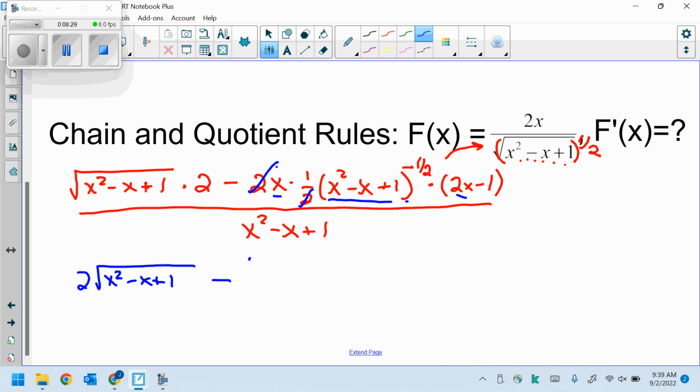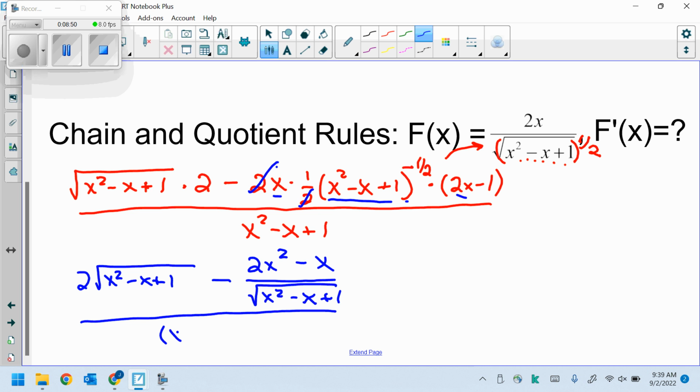So I think I have 2x squared minus x over this square root of x squared minus x plus 1, all over x squared minus x plus 1. It's pretty good, but I can't leave my answer as a fraction with 3 levels to it. So my rule is never divide, but multiply by the reciprocal. Multiply this whole thing by 1 over x squared minus x plus 1.